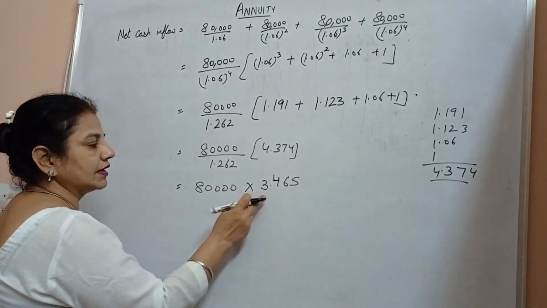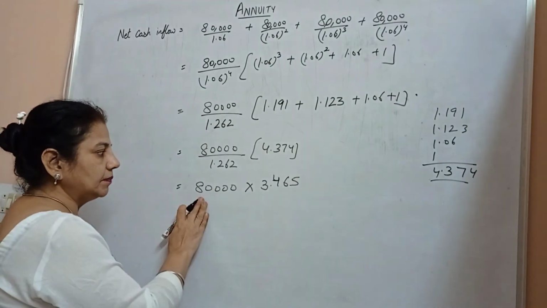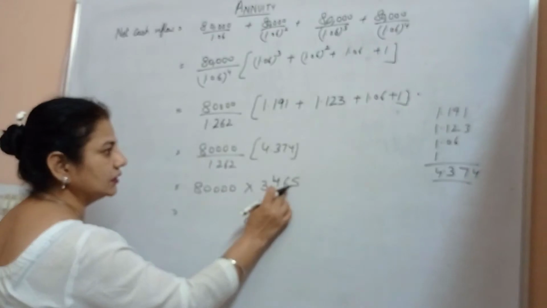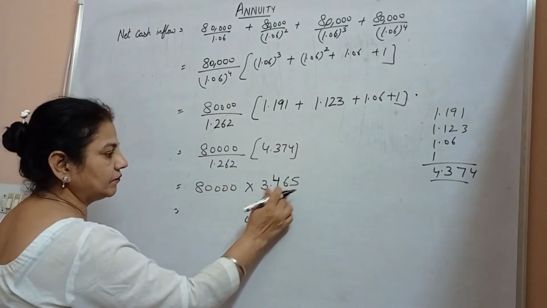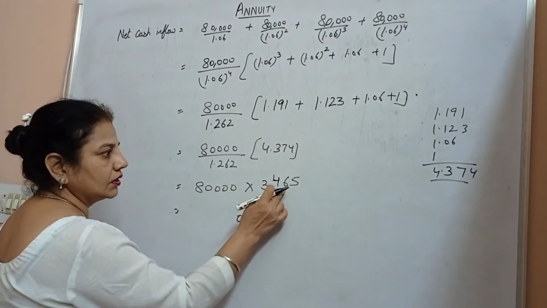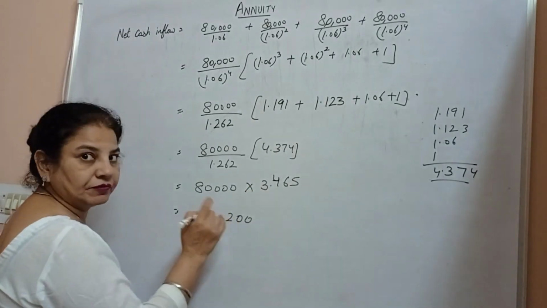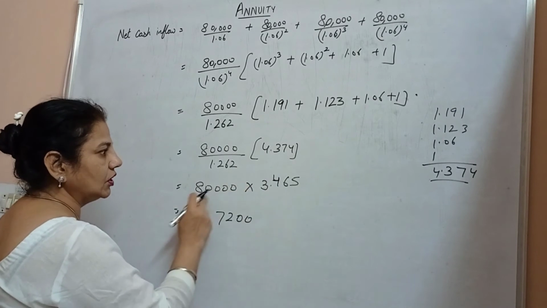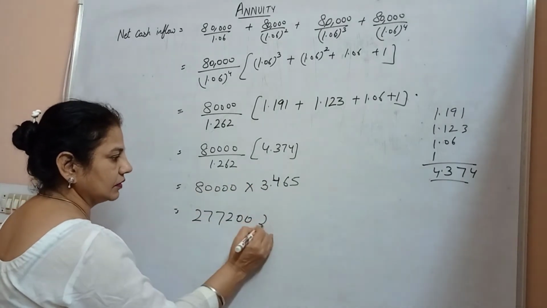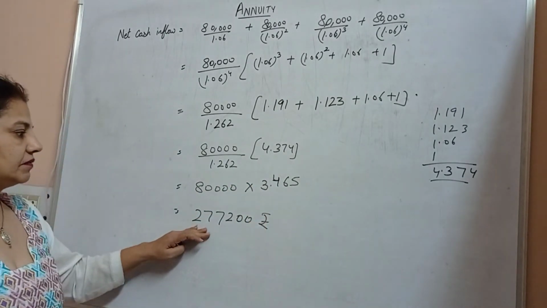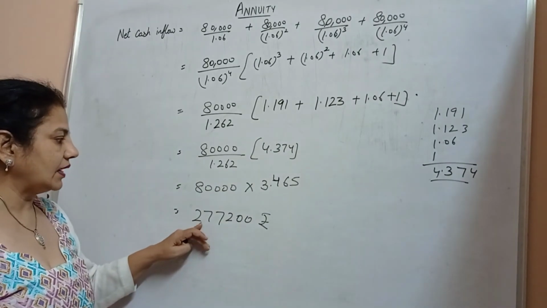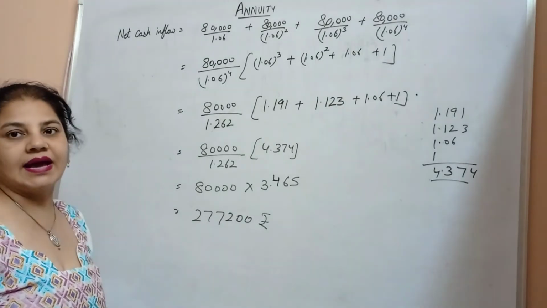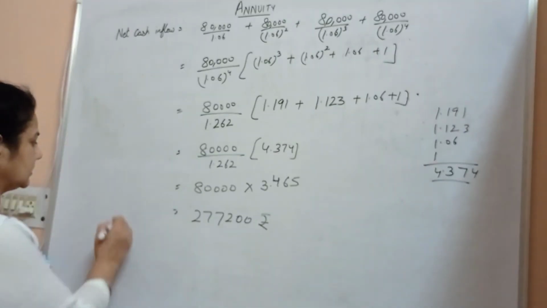Multiplying 80,000 with this, you get 2,77,200 as the net cash inflow. This is the net cash inflow.